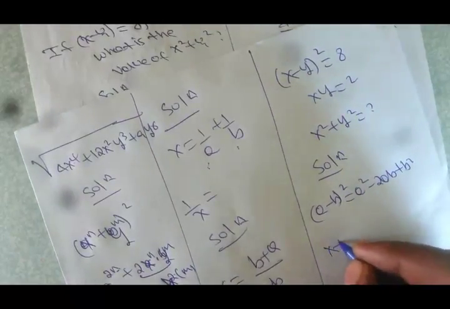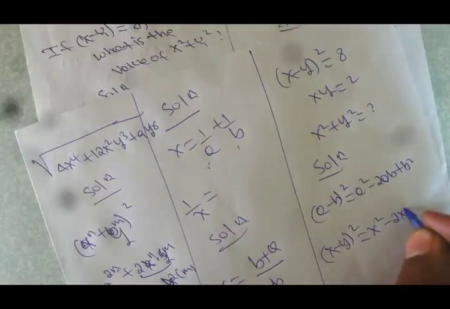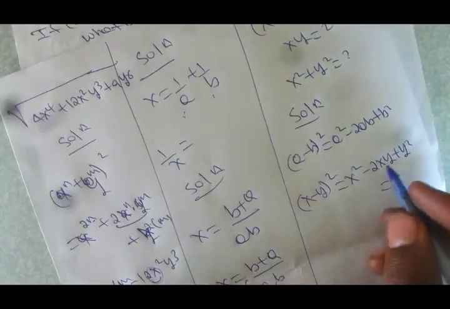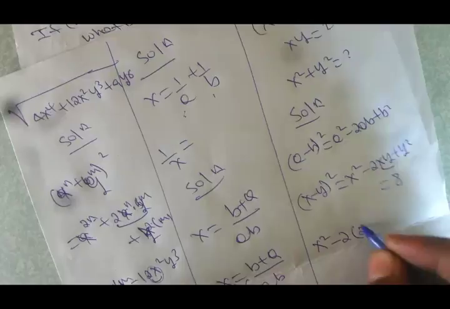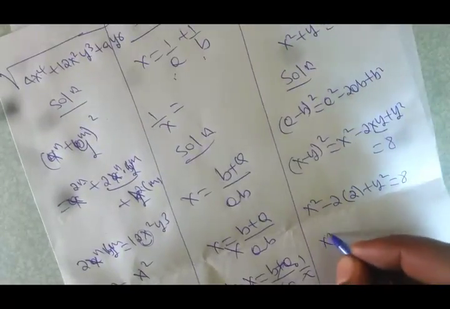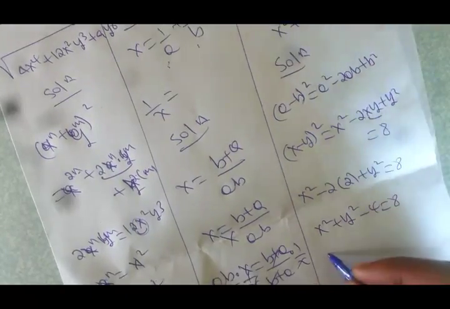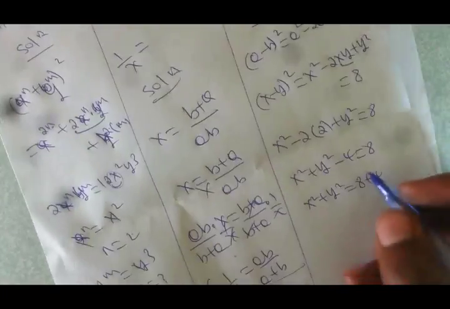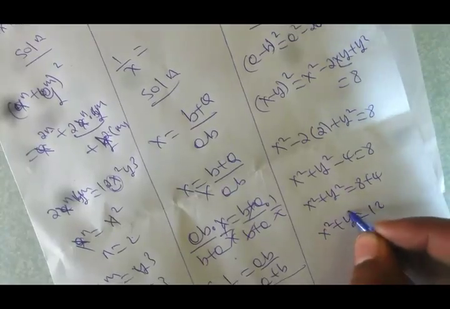Therefore, x minus y the whole squared is x squared minus 2xy plus y squared, which is equal to 8. We are given xy, so x squared minus 2 times the given value plus y squared is equal to 8. Therefore, x squared plus y squared minus 4 is equal to 8, so x squared plus y squared is equal to 8 plus 4, which is 12.